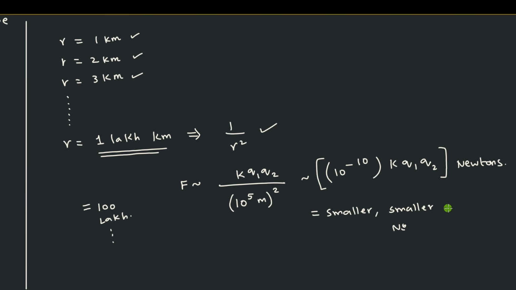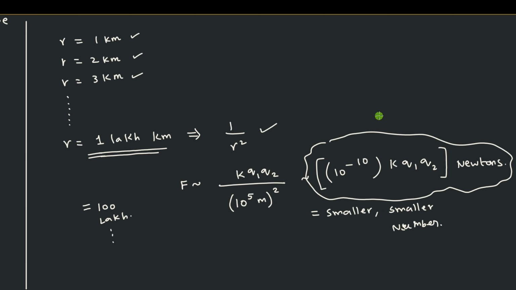If you repeat it for 3 lakh kilometer, the number will be much smaller. So this particular force will keep on decreasing. What is the reason for stopping at 1 lakh kilometer? When you reach the distance of 1 lakh kilometer, that force practically becomes zero.